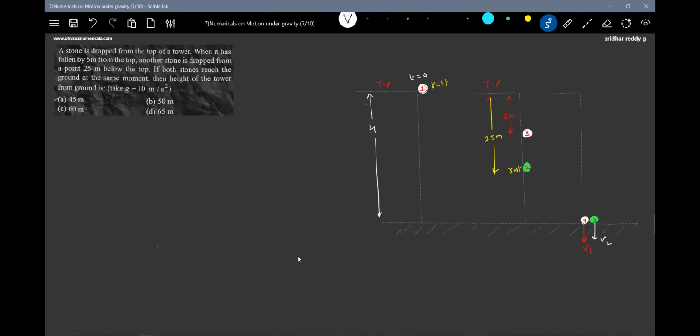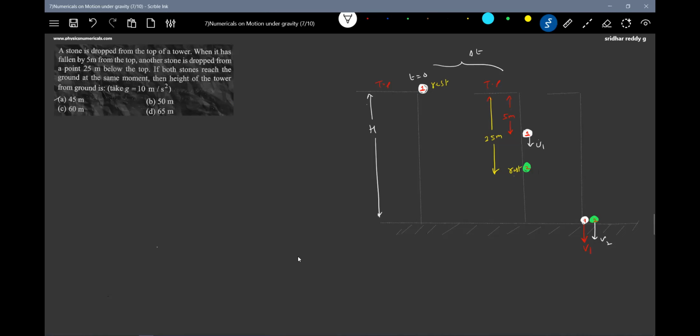They'll strike with different speeds, and both will strike simultaneously here. This will have some velocity here. Let me write it. This is released from rest. Can we calculate this time? Then the height of the tower from the ground.